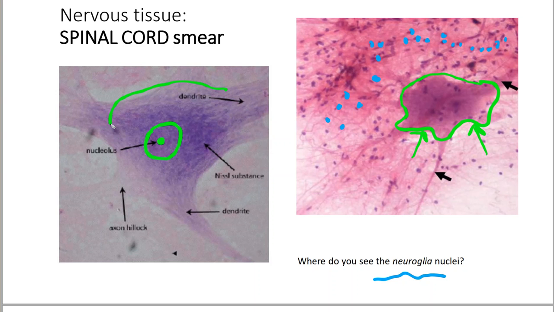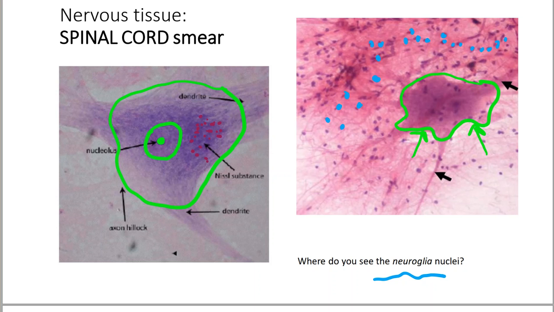So this whole thing right here would be the cell body, right? And then Nissl substances are these dark kind of granular polka dots. I'll make these purple here. All these dark kind of granular polka dots in here, those are Nissl bodies, and that's basically the rough endoplasmic reticulum of the organelles in the cell. So nucleus, cell body, nucleolus.